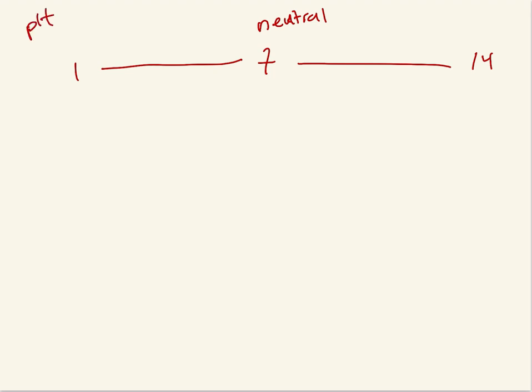So what this means is that at a neutral point, we go between 1 and 14. This is neutral for both, and this will be the pH scale, and in blue I'll have the pOH scale.